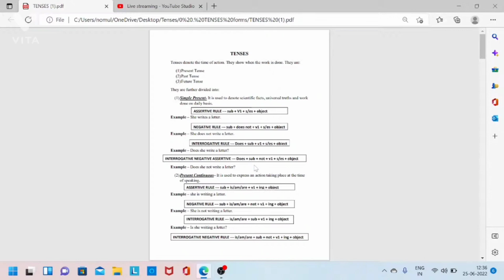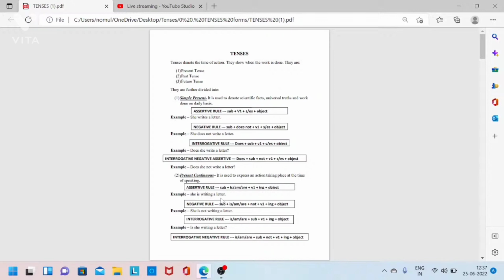And next, let's move to the present continuous. It is used to express an action taking place at the time of speaking, okay. So present continuous is like presently happening, the situation is happening now. The assertive rule is subject plus is, am or are plus v1 formation, ing, plus object, okay.